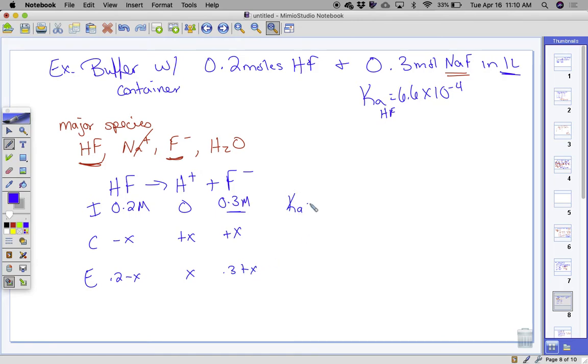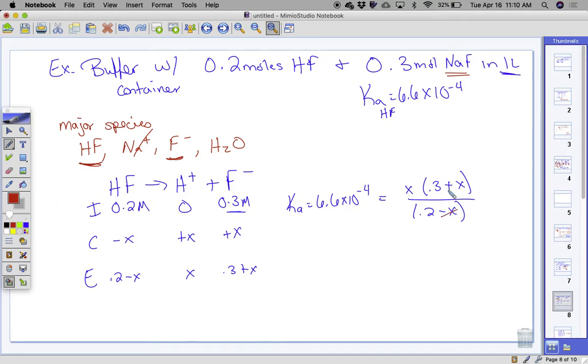So Ka, which is 6.6 times 10 to the minus 4, is going to equal X times 0.3 plus X over 0.2 minus X. Okay, what are we going to assume?